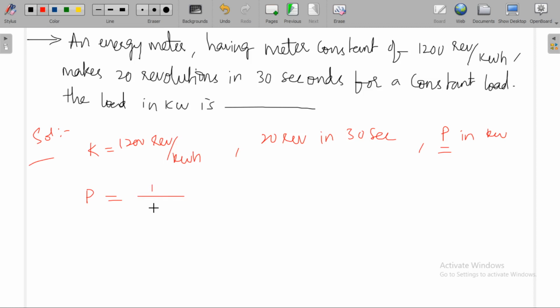1 by K, which means 1 by 1200 kilowatt hour by revolutions, into 20 revolutions in 30 seconds.